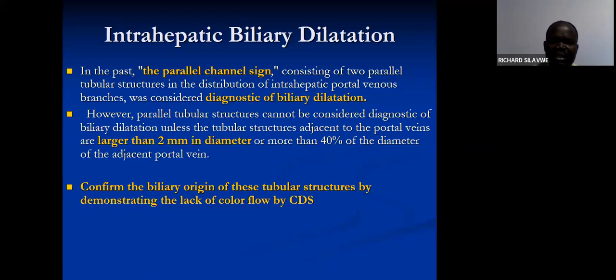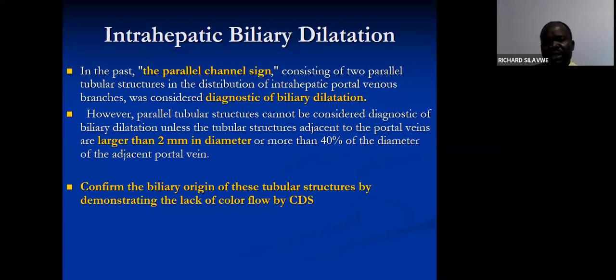So when you are doing the sonography, scanning the patient, and you see the duct parallel to the portal vein, we cannot just conclude and say this is dilatation unless the diameter is greater than 2 millimeters.